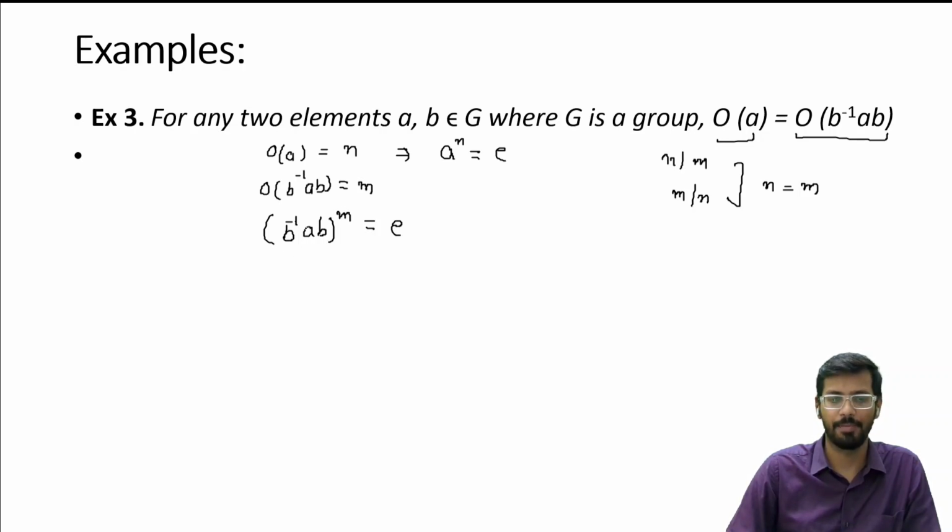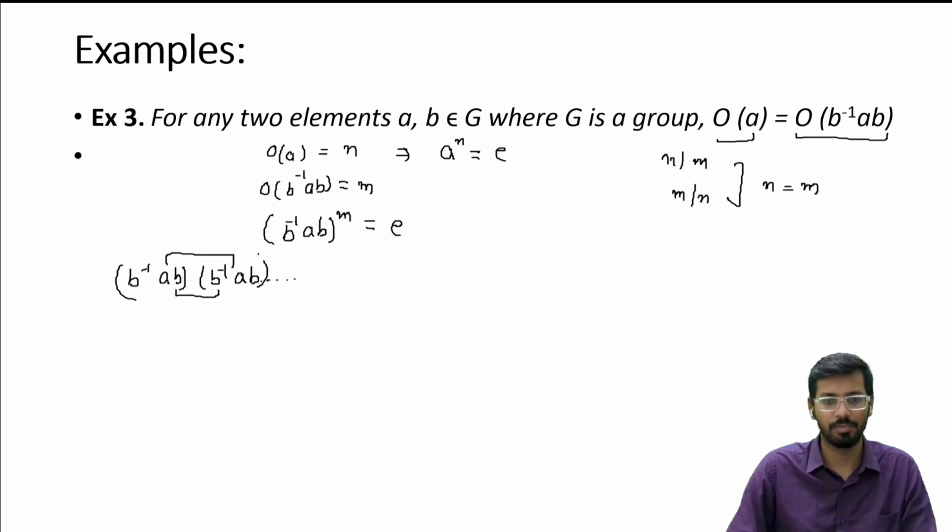ये पावर A पे आ जाएगी, क्योंकि जैसे हमने पहले प्रूव किया है कि अगर हम इसको ऑपरेट करते हैं, सपोज B inverse AB और B inverse AB, तो ये B inverse B आइडेंटिटी एलिमेंट हो जाएगा, और A जो ऑपरेट होके A स्क्वायर हो जाएगा. तो इसी तरह से हम इसको लिख सकते हैं कि ये जो पावर m है वो बीच में चली जाएगी, तो इसको हम लिख सकते हैं B inverse A raised to power m B is equal to identity element.